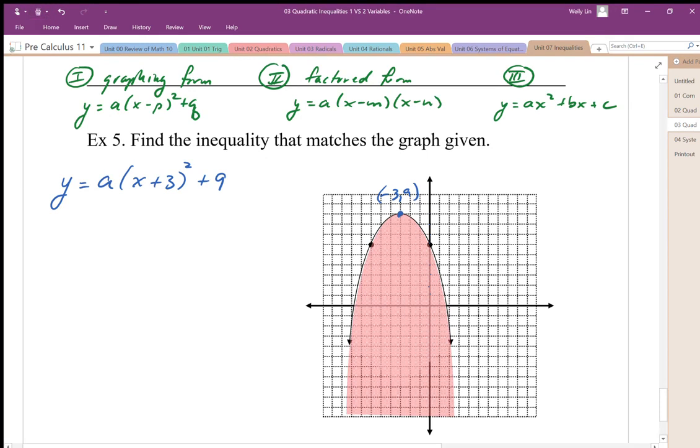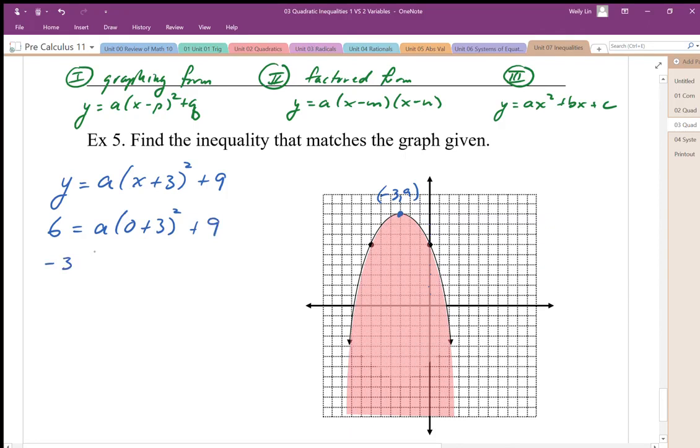We still need to solve for the a, the expansion or compression component, so we can use one of these two coordinates. I can plug in x and y: y equals 6 when x equals 0. So there's my equation.